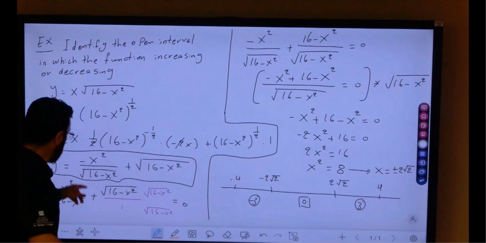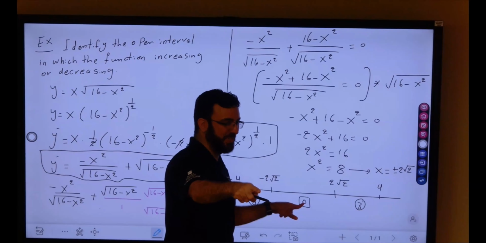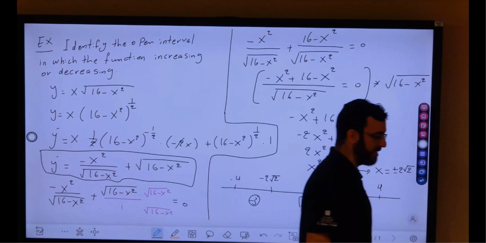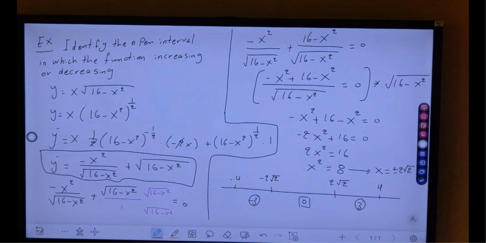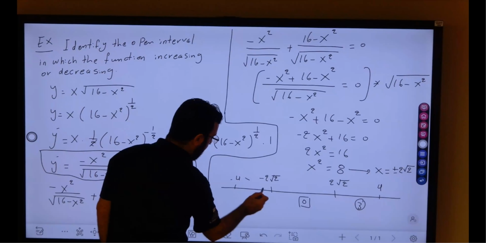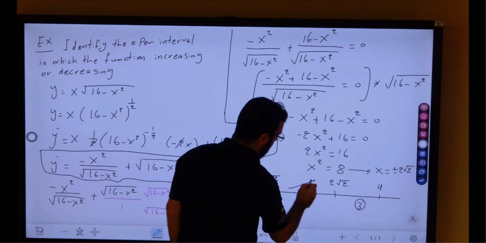You're going to do the first one, then the 0, then the 3. Okay, and tell me how much that is. So on this one, you get negative, and here, positive.